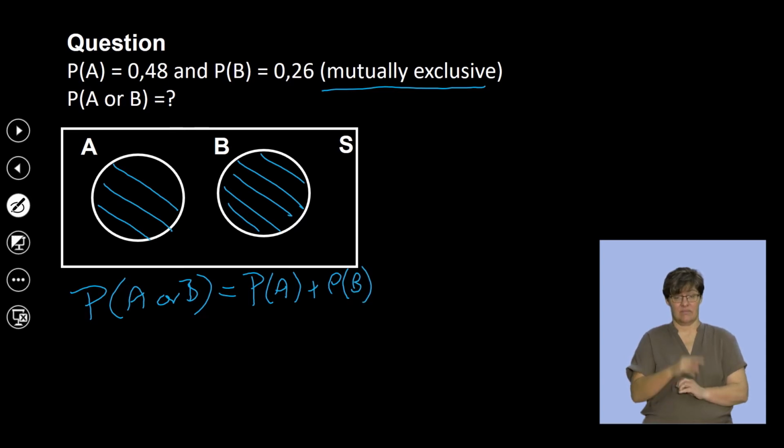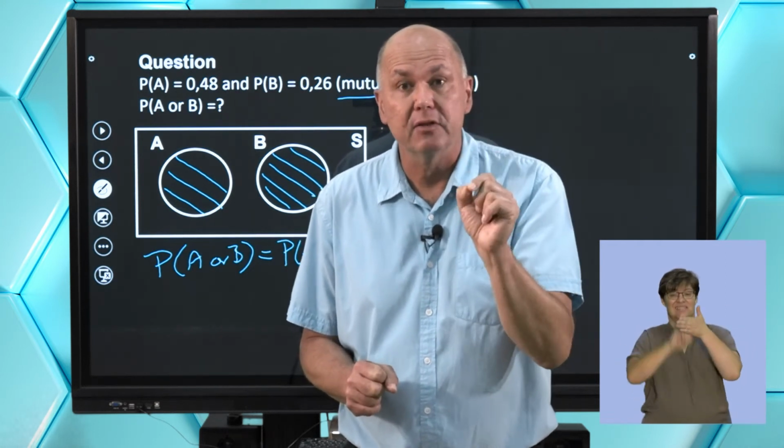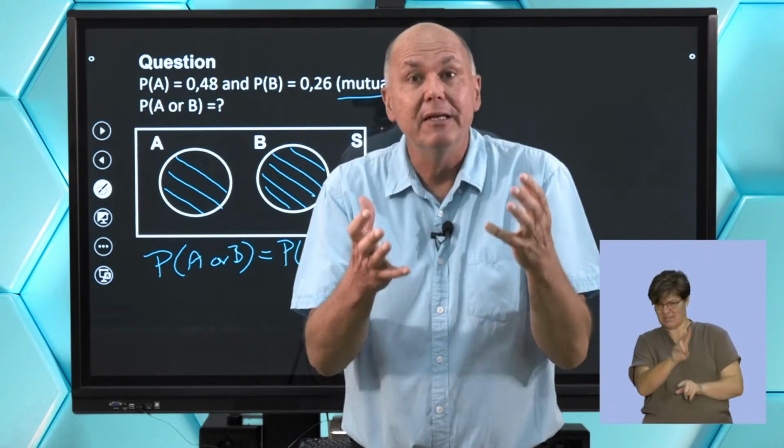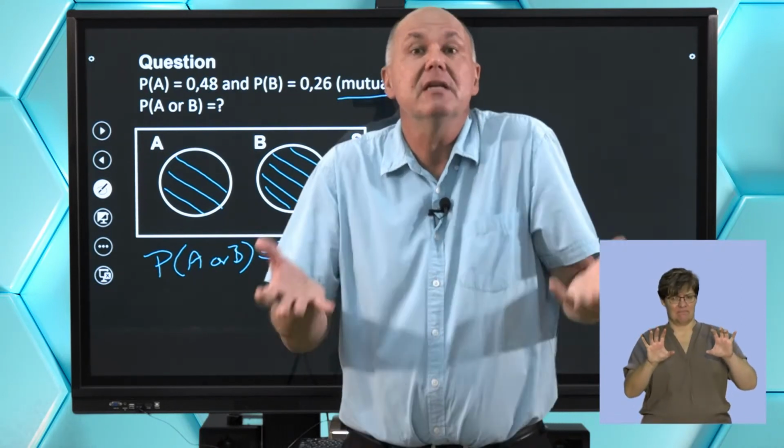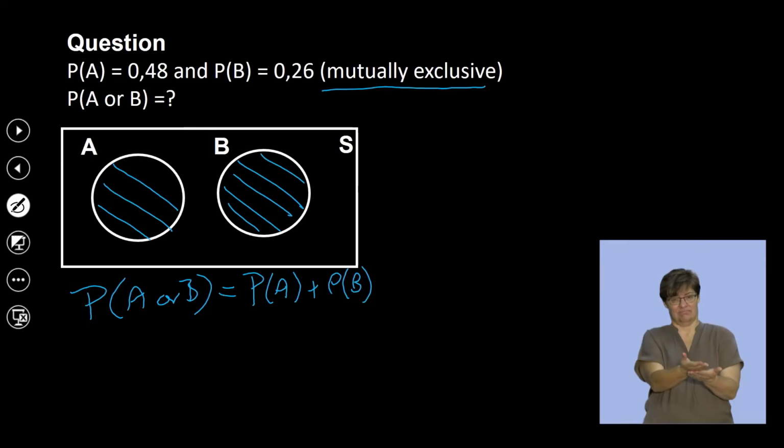Remember, if they were not mutually exclusive, then we would have to subtract the probability of the intersection. But we can see here, the probability of the intersection is 0 because there's no element in the intersection. And that's how we apply the OR rule, the addition rule for mutually exclusive events. Let's do it very quickly.